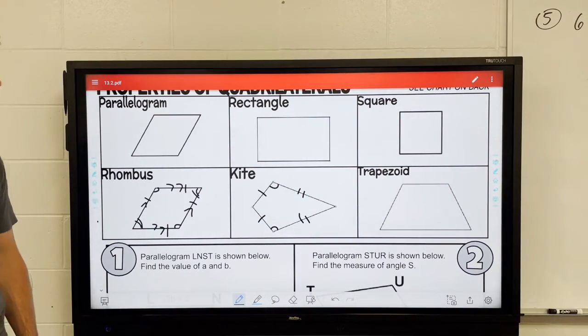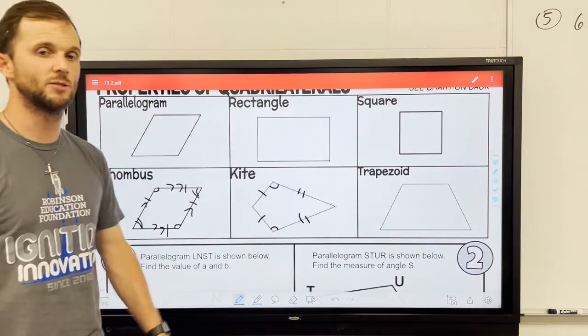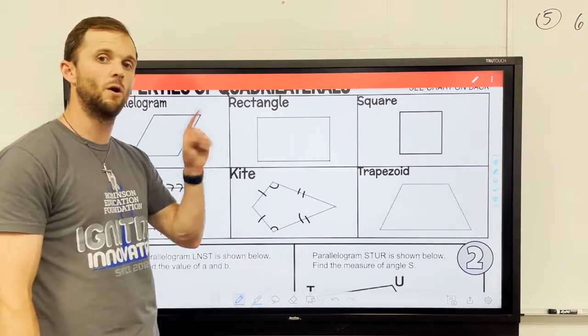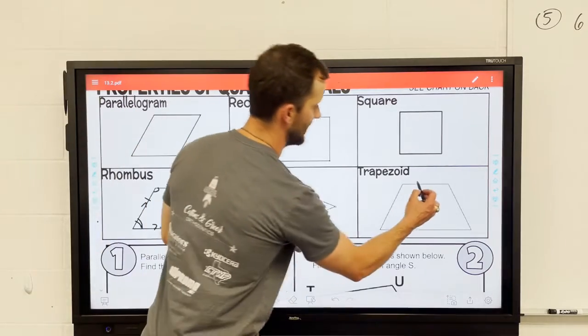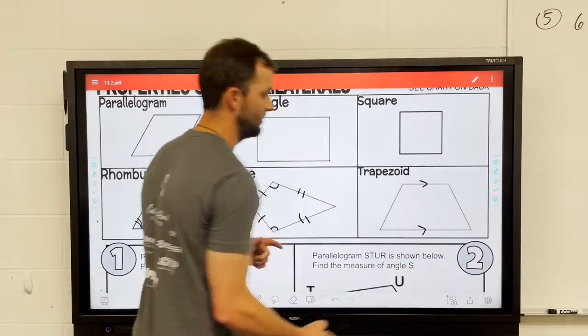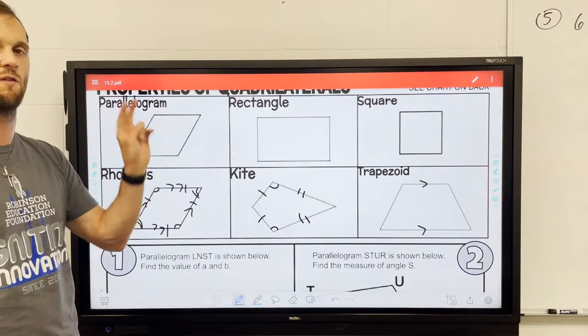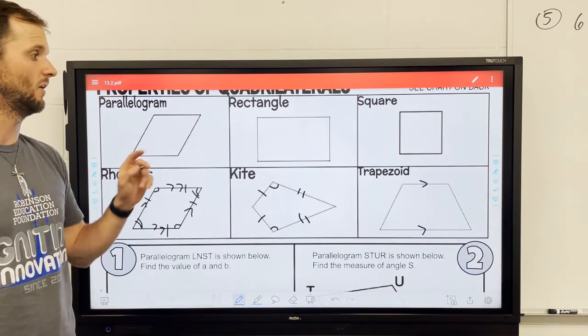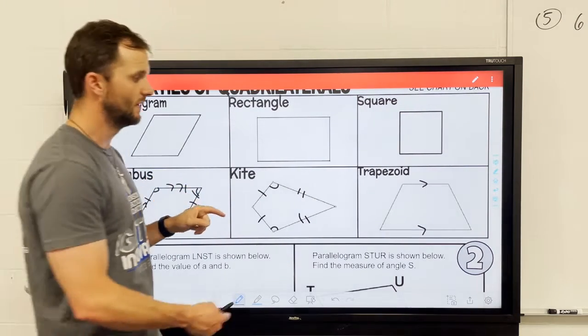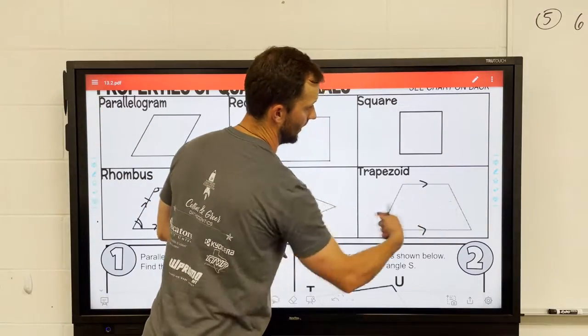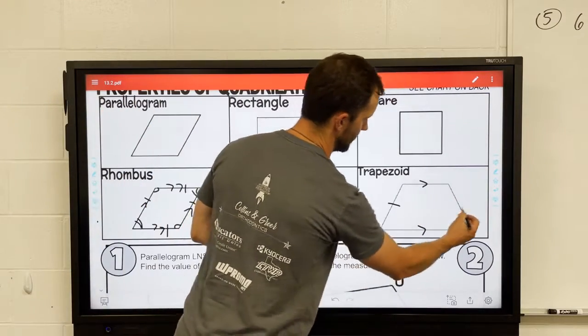And lastly, looking at a trapezoid. If you look, it's only going to have one pair of parallel sides. So that means this guy and this guy are going to be parallel to each other. And so that's the definition of a trapezoid, one pair of parallel sides. Now, if this is an isosceles trapezoid, that would mean these two are going to be congruent, which would be this one and this one.